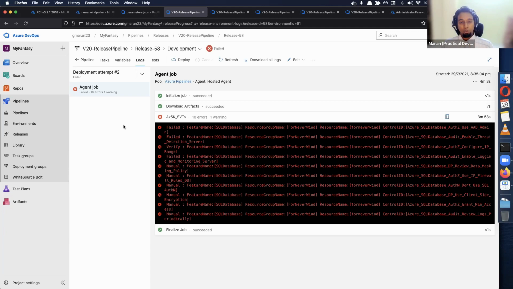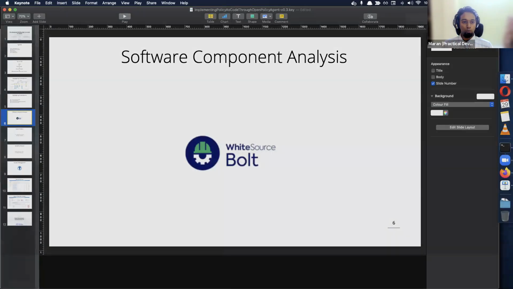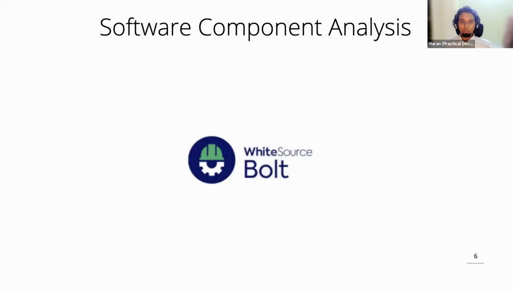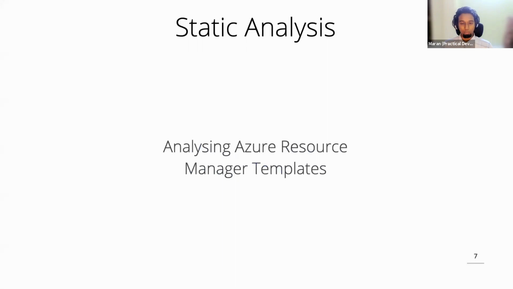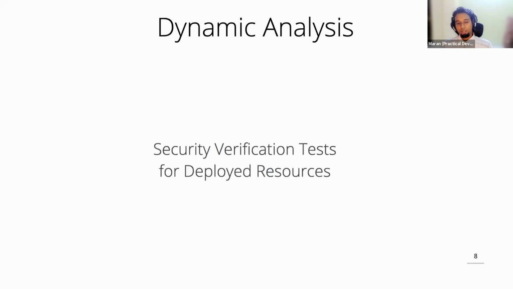So a quick recap. I'm just going to go to the keynote and see where we are. So we did look at some software component analysis. We did look at statically analyzing Azure Resource Manager templates. We did look at security verification tests, which will run security verification tests against a specific resource group.